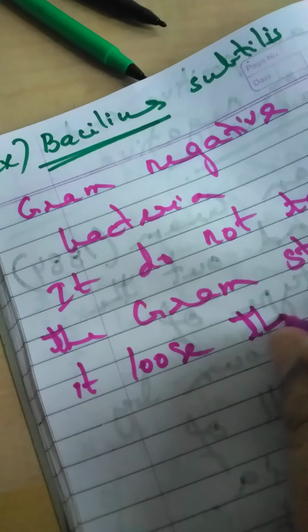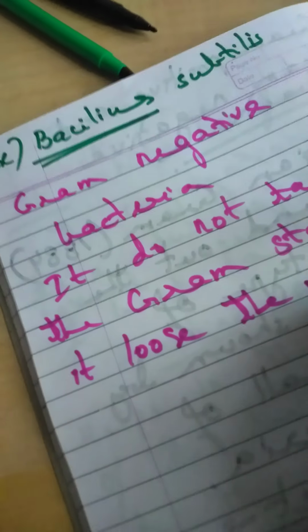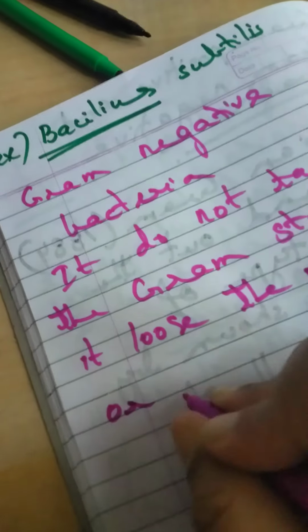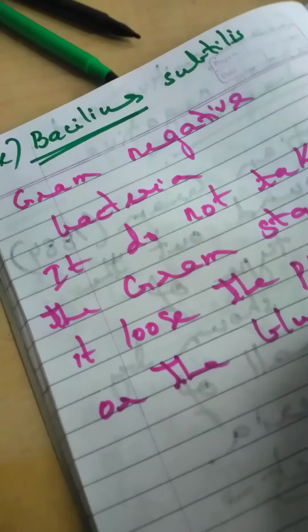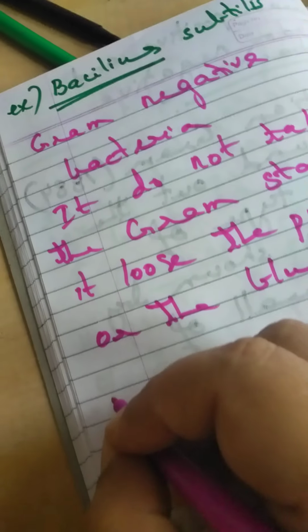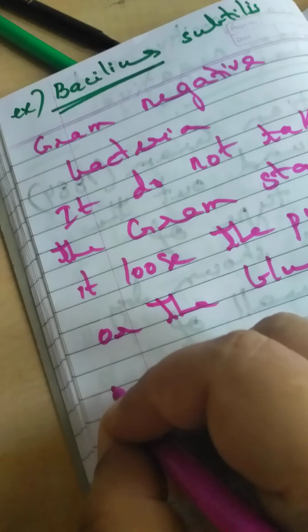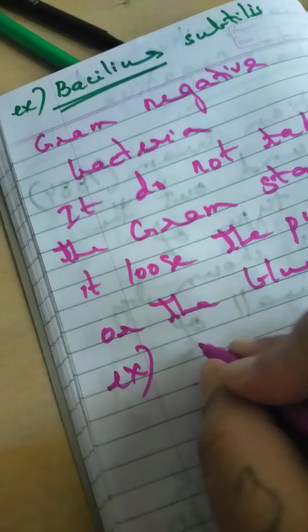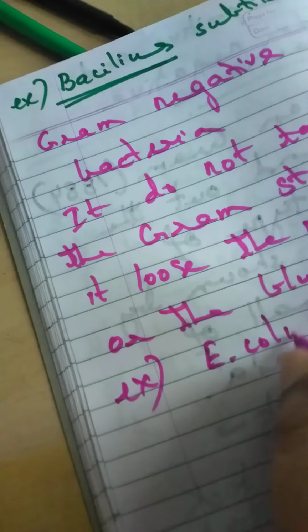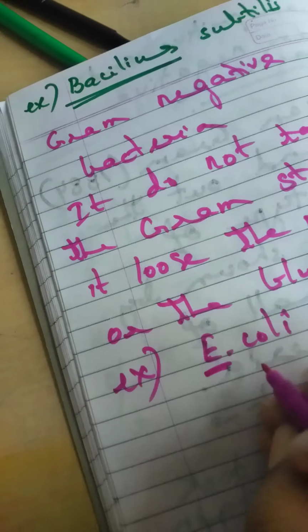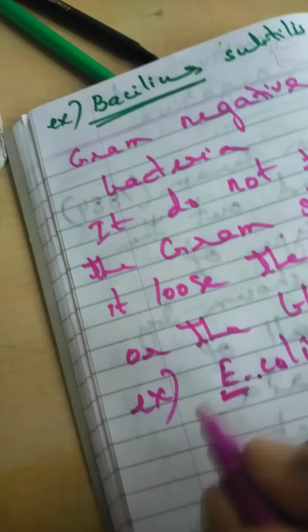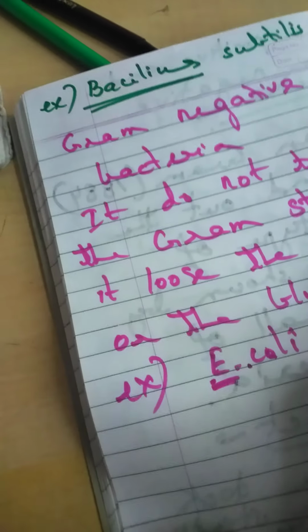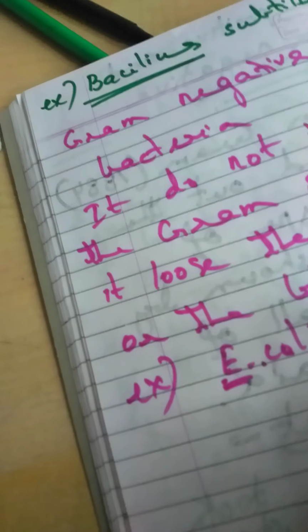The best example of gram-negative bacteria is E. coli. What is the full form of E. coli? Escherichia coli. So this is the basic difference between gram-positive and gram-negative bacteria.